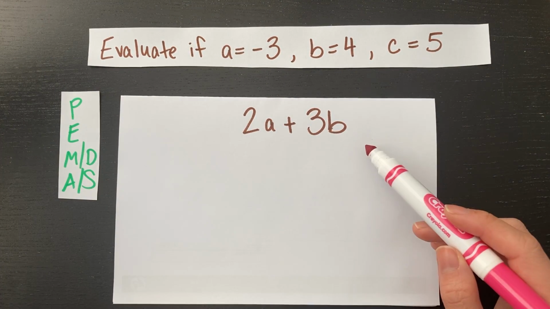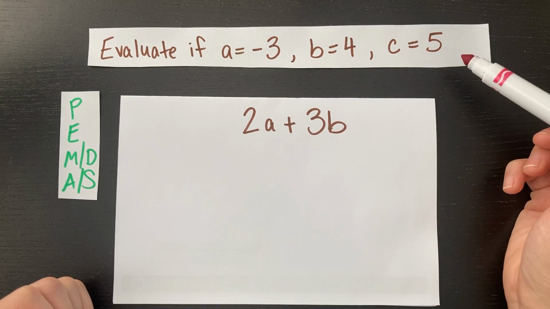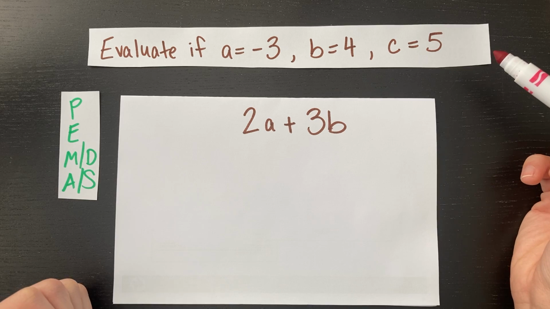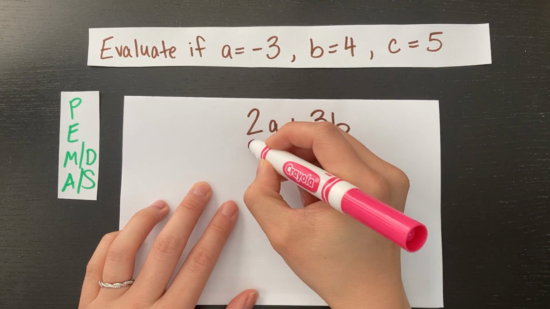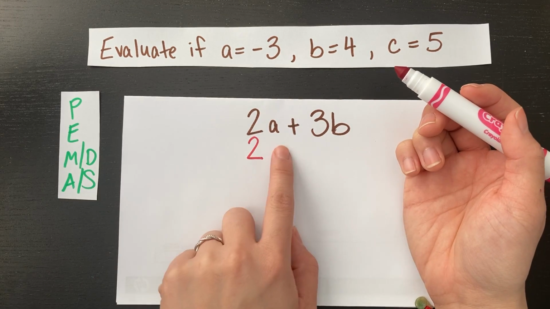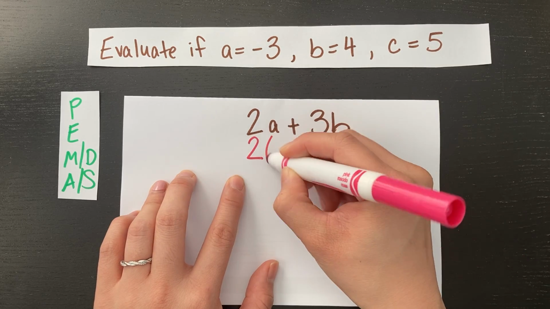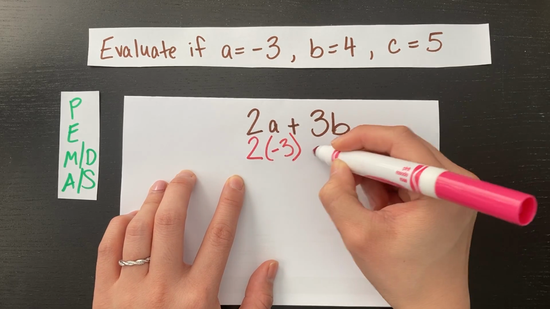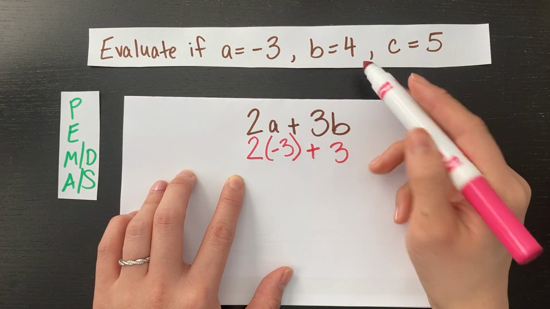2a plus 3b. For these problems, I'm going to keep the values of a, b, and c the same. I'm going to rewrite this problem, but replace my variables, my letters, with the information I know. A is negative 3. I'm going to rewrite this plus 3b. b equals 4.